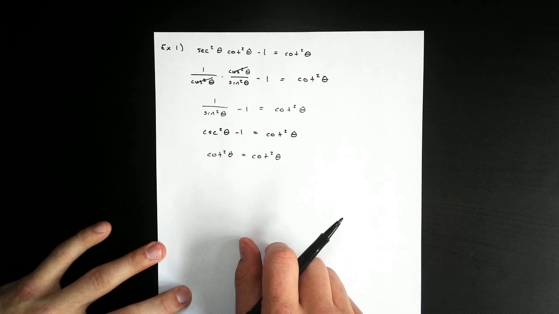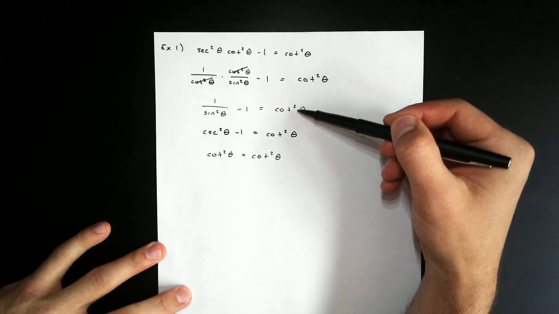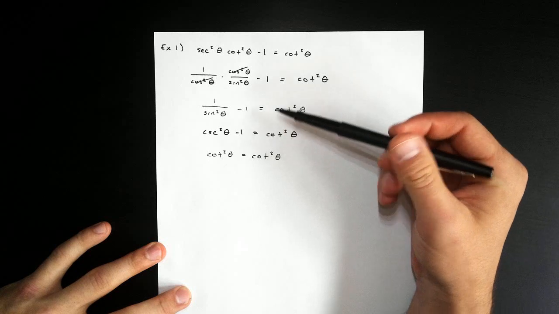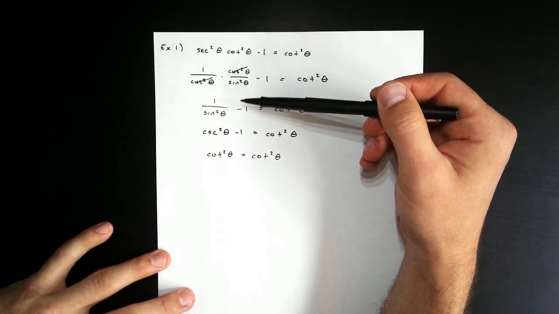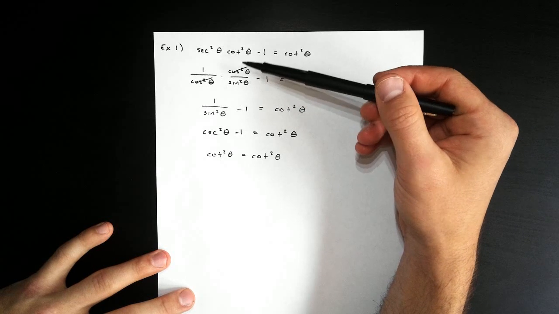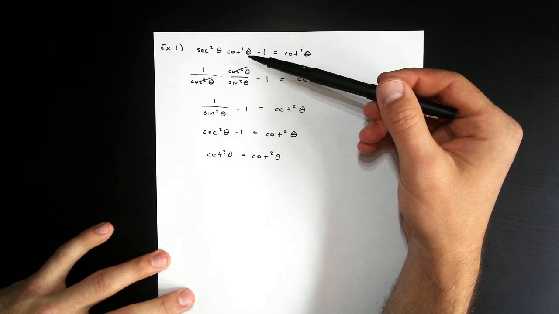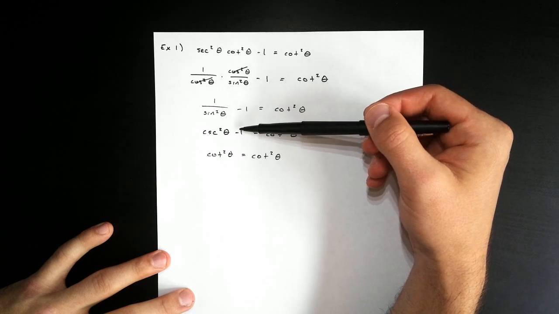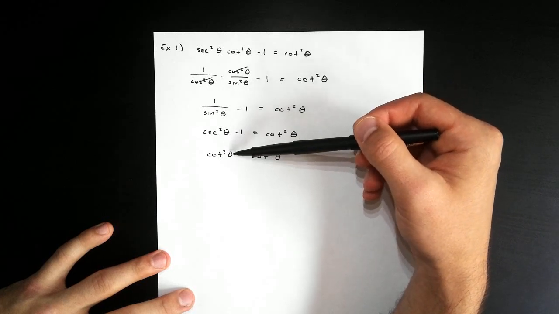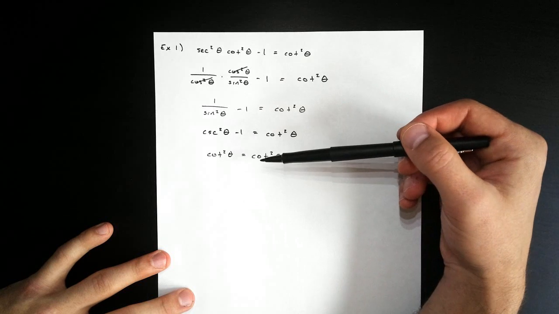Okay? So the right-hand side here stayed the same all the way through, but on the left-hand side I have a series of expressions where I'm just using some different operations to rewrite and simplify. Then down here we use the Pythagorean identity, and we showed that the two sides are equal to each other.